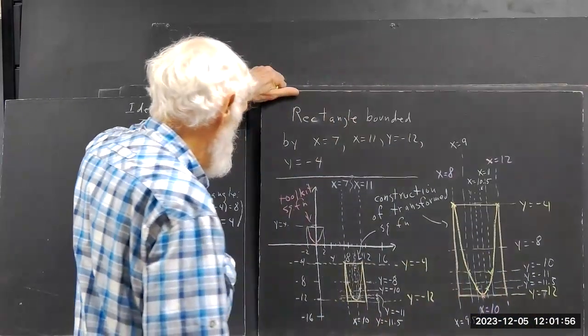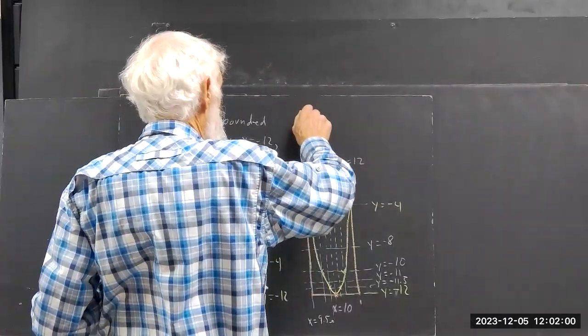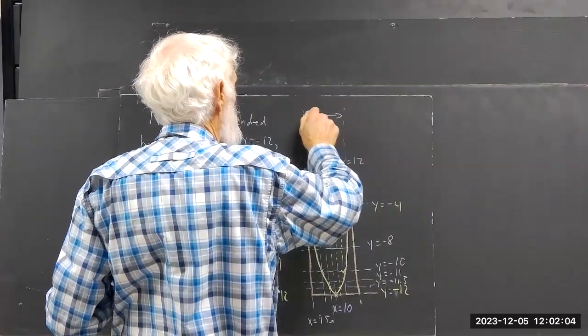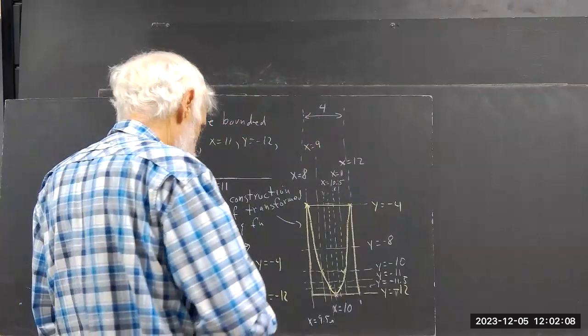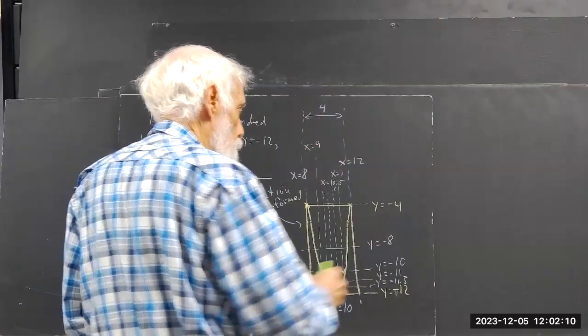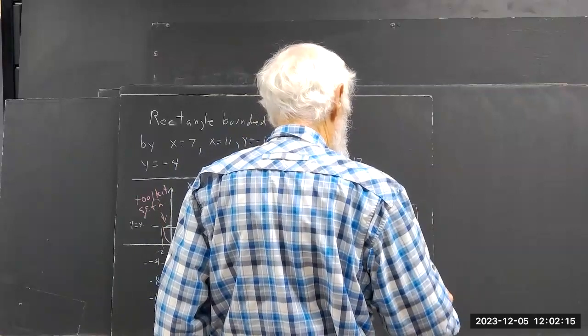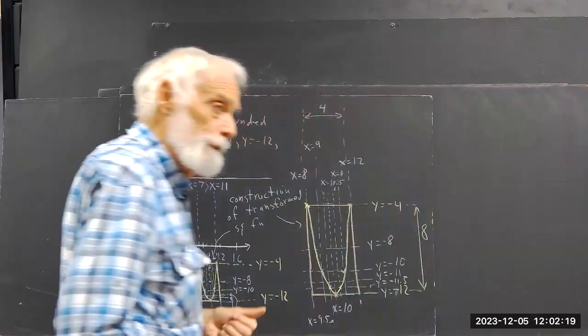Let me bring this back over here a little bit. Okay, here's x equals 8. Here's x equals 12. How far is this? 4. Here's y equals negative 4 and y equals negative 12. Let's extend these lines a little bit. How far is this? It's 8.